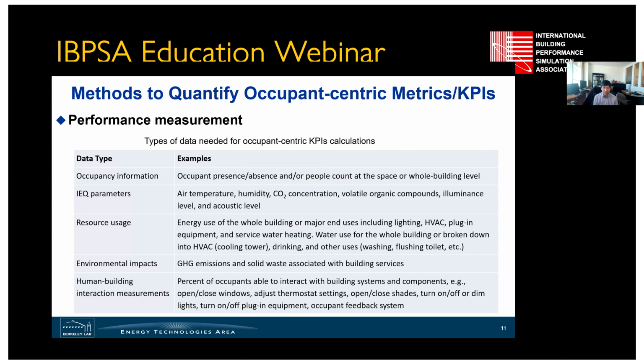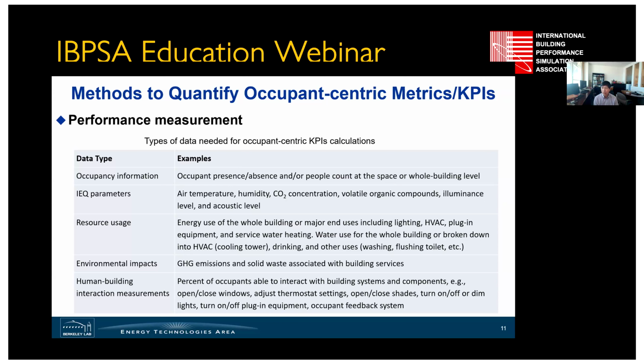For example, occupancy. You can count the occupants, or we call it occupancy status. Depending on what kind of sensors you have, that kind of measurement will of course vary. You do it at a space, or you do it at a whole building. Like when you enter the building, you may need to swipe your card.